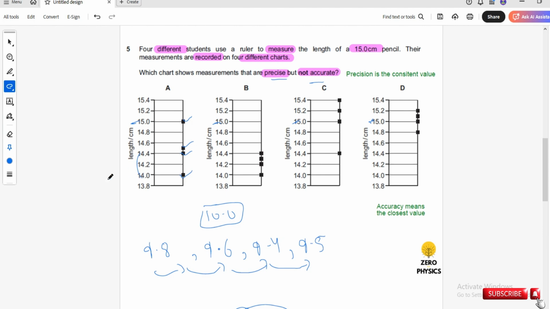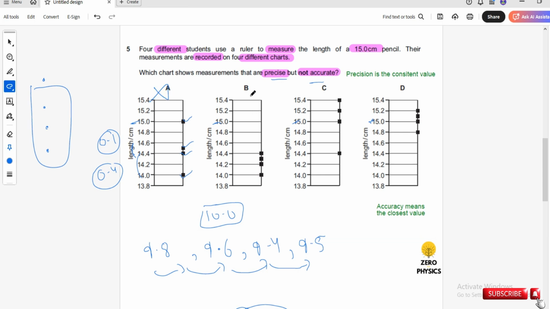The difference between 14 and 14.4 is 0.4, and between 14.4 and 14.5 it is 0.1, and here is 15. These values are not in the same line, so they are not precise, although they are accurate enough.